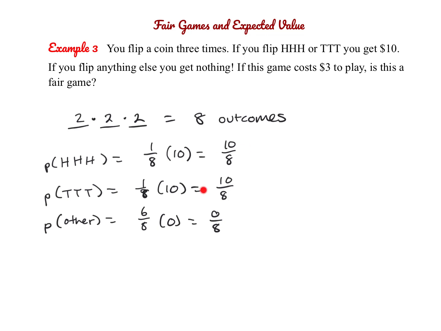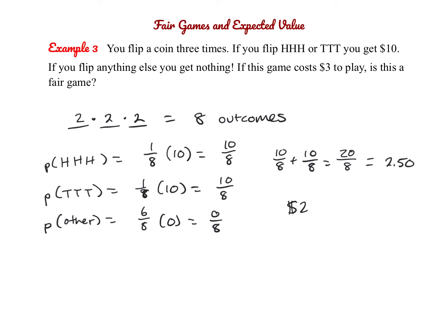So then the last thing we need to do is simply add up these expected values. So 10 out of 8 plus 10 out of 8 is 20 out of 8. And again, by expected value, we would say how much money would you expect to make from this? So if you do 20 divided by 8, that gives us 2.5.